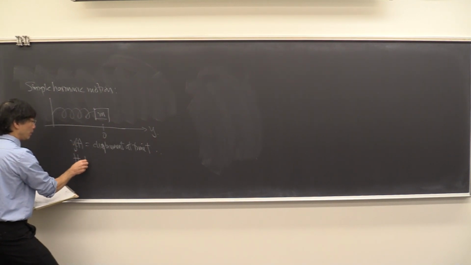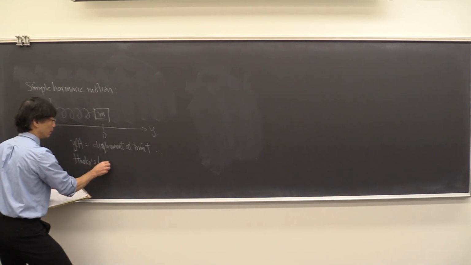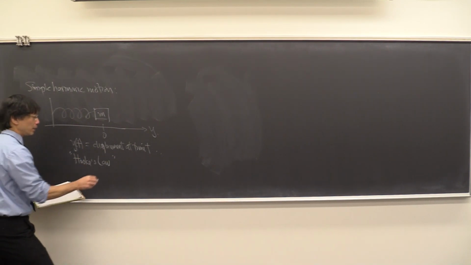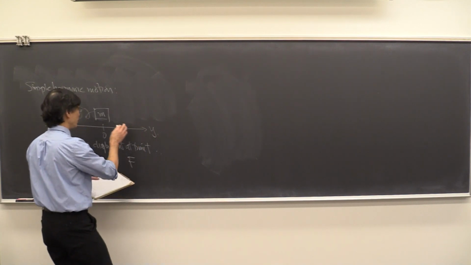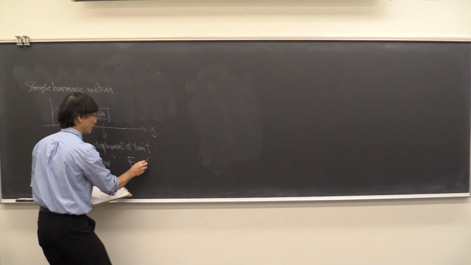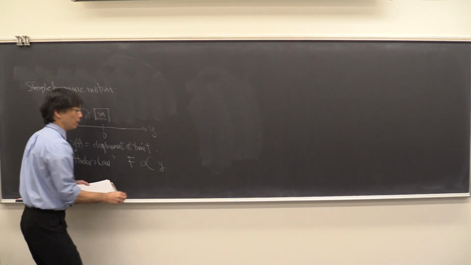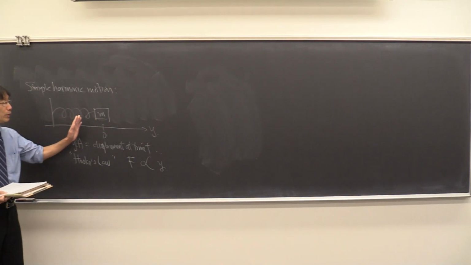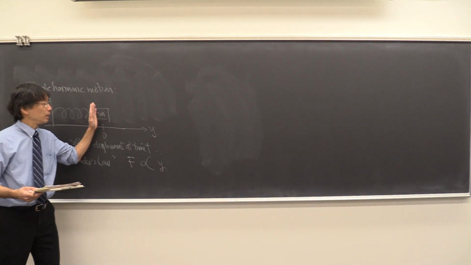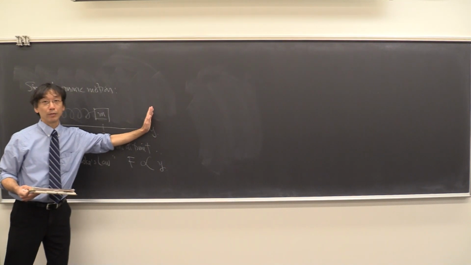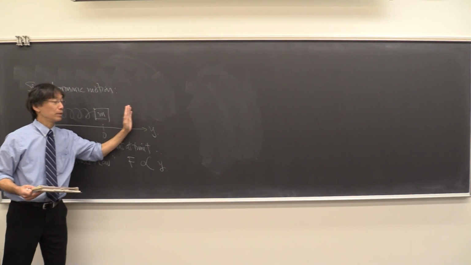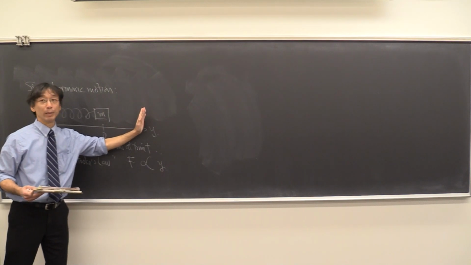And there's a physical law called Hooke's law, right? Hooke's law says that the force of the spring is proportional to the displacement. The force of the spring is proportional to this displacement. So that is, the farther you pull it away, the greater the force, and that force is related in a linear manner, right?